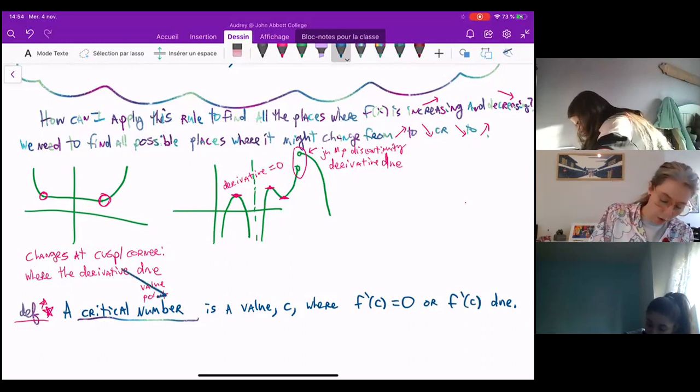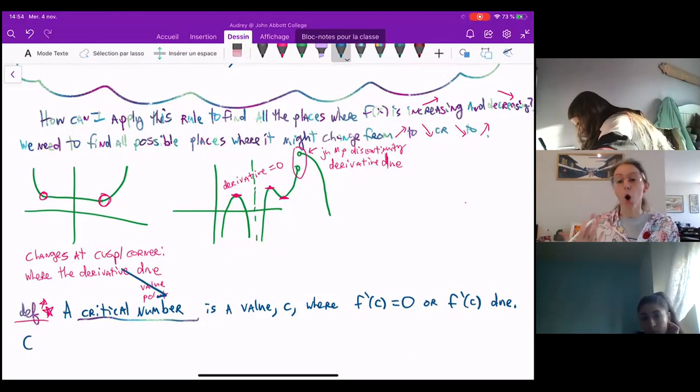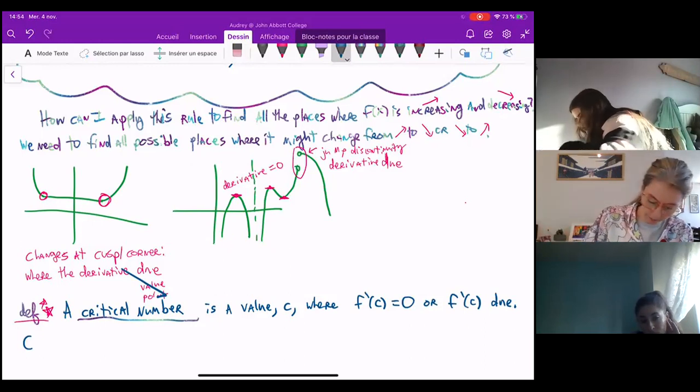So in other words, critical numbers are values where there are horizontal tangent lines or cusps, corners, discontinuities, vertical tangent lines.